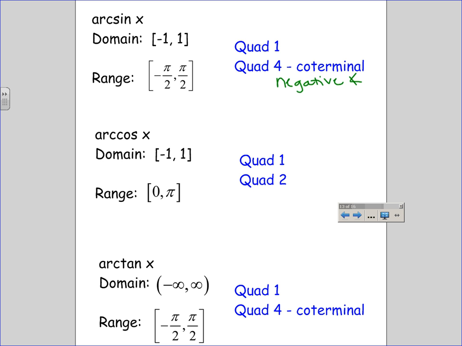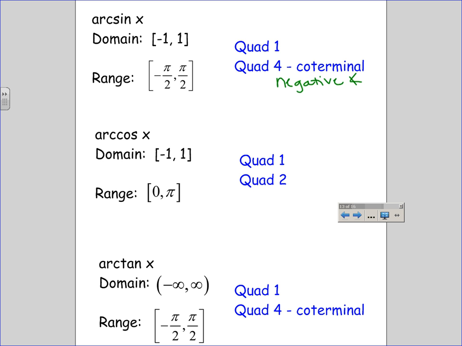The arc cosine. Do we understand why in quad 1 and quad 2 I'm okay and I don't need a coterminal angle? All my angles between 0 and pi would literally be a number between 0 and pi, wouldn't they? Quad 1 and quad 2 are my values from 0 to 3.14. Those are legit. That's why we do not need a coterminal.